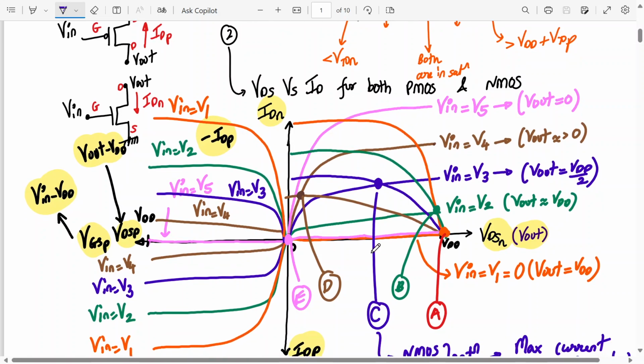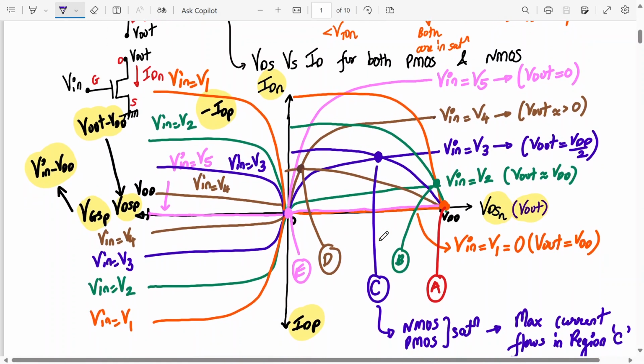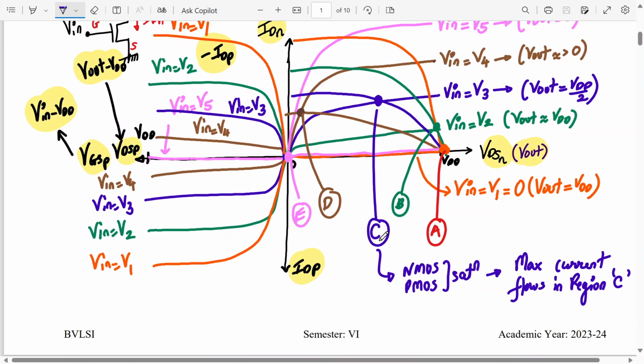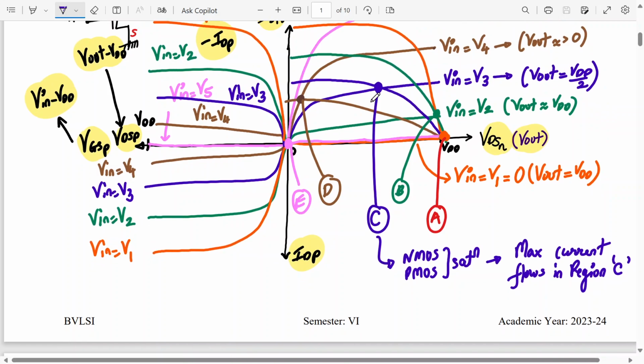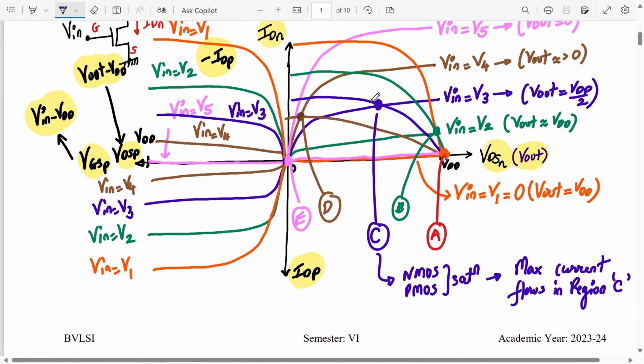These are the operating regions. We have seen that in region number C we get the maximum current. In regions A and E there is hardly any current flowing. In regions D and B there is current flowing, but we still have to determine how much. It's less than region C. But maximum current flows in region C, that is for sure, and almost no current flows in regions E and A, that is also for sure.